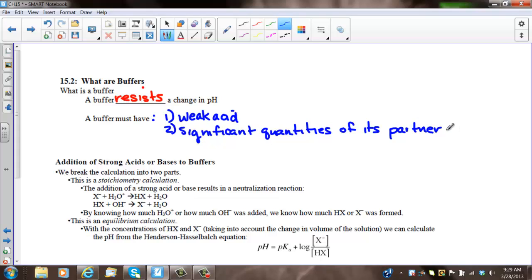So in this case, we're talking about a CB, a conjugate base. If you're not sure what that means, please write it out.